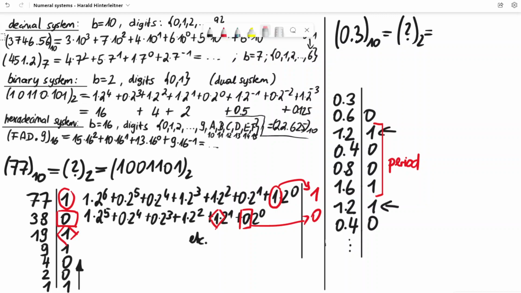and we can write down now the number in the binary system here. So 0 point. The first one is 0 is here, and the next one is 1001.